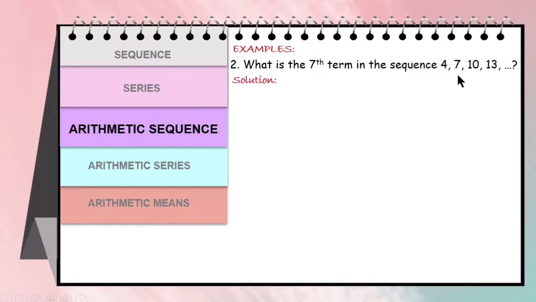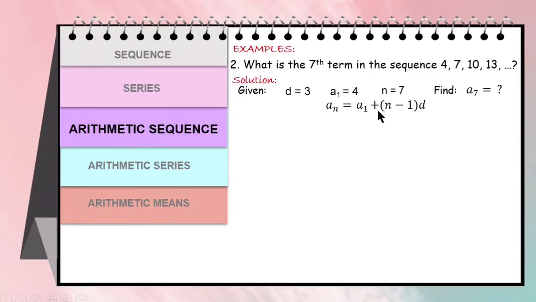In the problem, we have the value of D, the common difference, which is 3, A sub 1, the first term, which is 4, n, the number of terms, which is 7, because we are looking for the seventh term of this sequence. To answer the problem, we use the formula A sub n equals A sub 1 plus n minus 1 times D. Replace these variables with its given value.